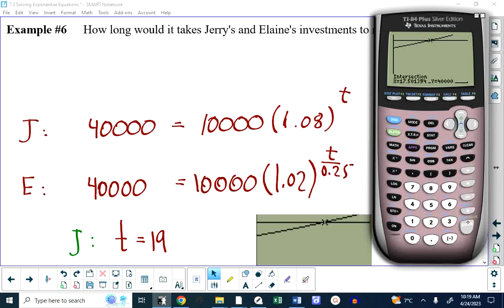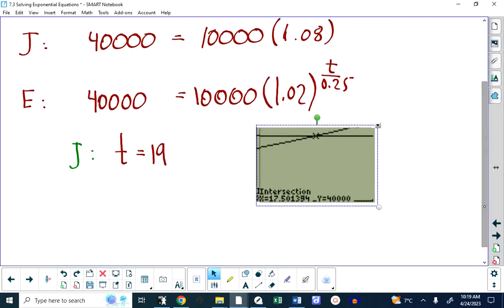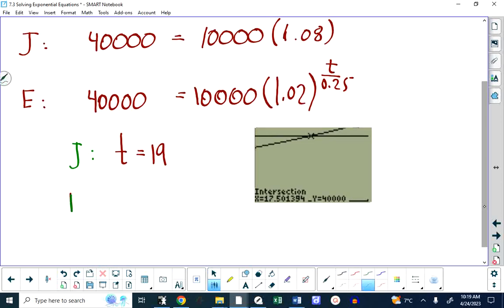You get 17.50. Okay. So this is the mathematical solution to Elaine's. What is the answer to the question? 17.75. Because Elaine gets interest at the 0.0 mark, the 0.25 mark, the 0.50 mark, the 0.75, and back at the 0.0.